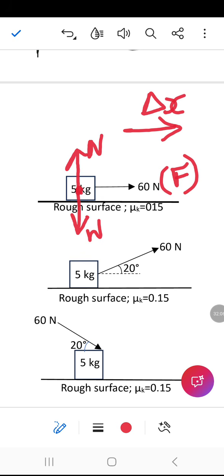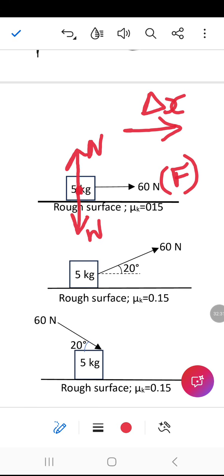It opposes the motion. You must know that. The definition of frictional force does not say that it opposes the force applied. No, it opposes the motion. That's the thing we must know. But sometimes a force applied can be in the same direction as the frictional force. So you need to be very, very careful about that.